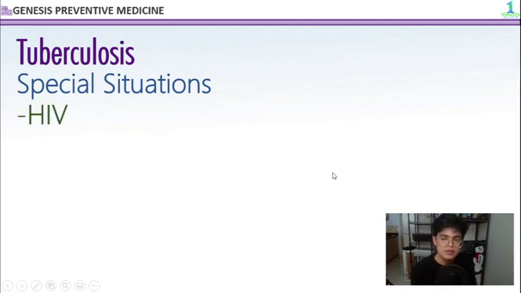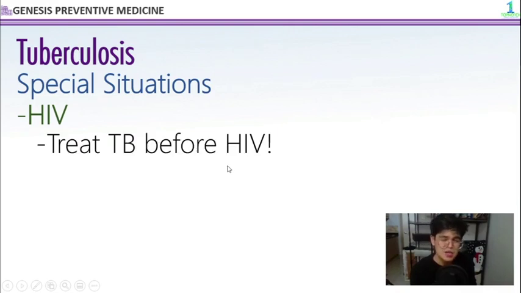Okay, HIV. So typically, you want to treat TB before HIV, because treating the TB bacilli first will help. If you treat HIV first, you're reactivating the immune system of the patient, which will potentially aggravate the status of the TB. That's basically it.